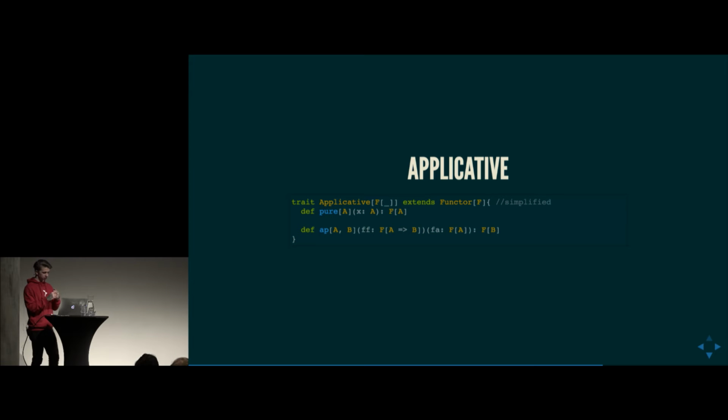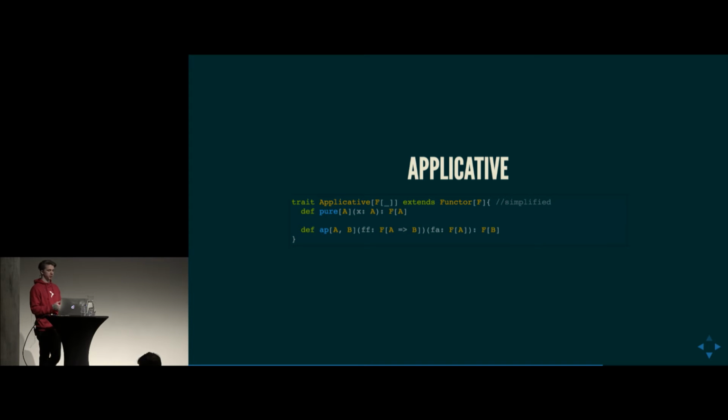Now applicative. This is for sure simplified, because there will be another layer of typeclasses between functor and applicative. Anyways, applicative is just like a functor. It's an applicative functor, so it has to be a functor. And it actually extends from it in cats. So it adds 2 possibilities to what you had with functor already.